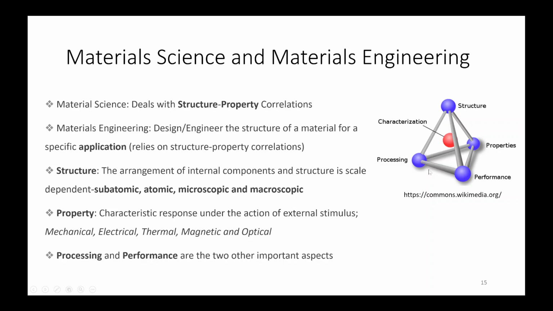The other two important aspects are processing and performance. How materials are processed, for example by casting or metal working, also affects the properties of materials. So all these aspects are interrelated to each other.